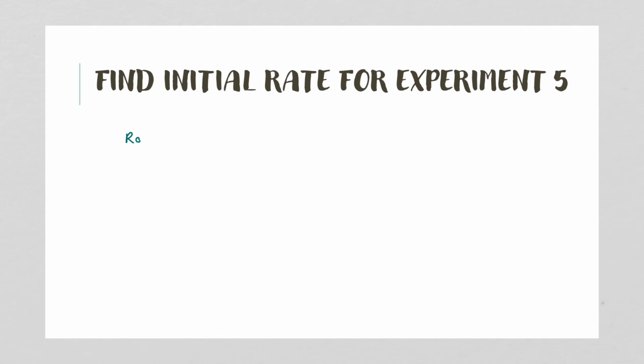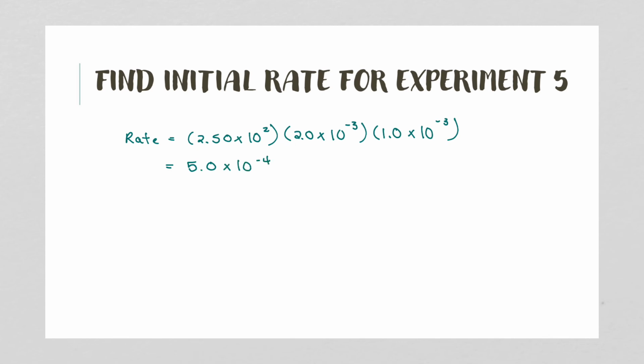Rate is equal to, we'll put the rate constant in, 2.5 times 10 to the power of 2 times 2.0 times 10 to the negative 3 times 1.0 times 10 to the negative 3. So our rate is equal to, this is our slowest one, 5.0 times 10 to the negative 4 moles per decimeter cubed per second.